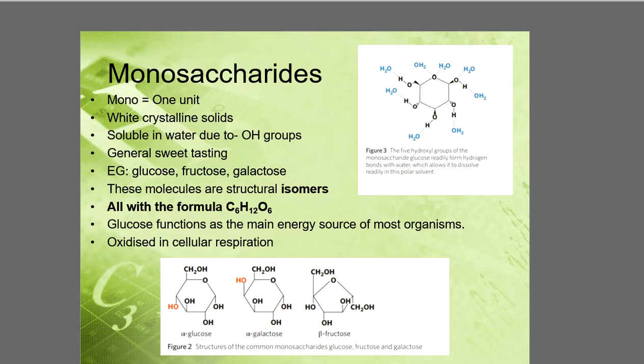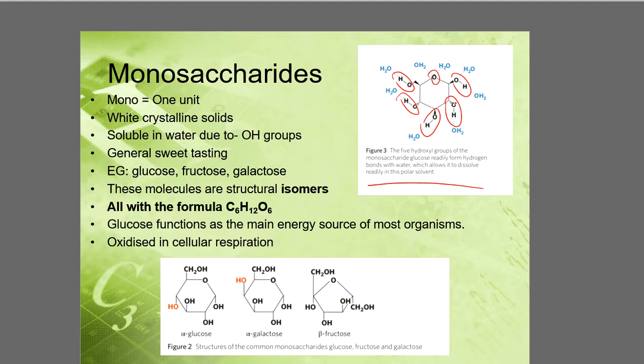The first thing in terms of overall structure and properties: because we've got a large number of hydroxyl functional groups, monosaccharides have really high solubility in water, because each of these hydroxyl groups, and even your ether group here, is going to form a hydrogen bond with water, and that increases the solubility dramatically if you've got a large amount of hydrogen bonding occurring.